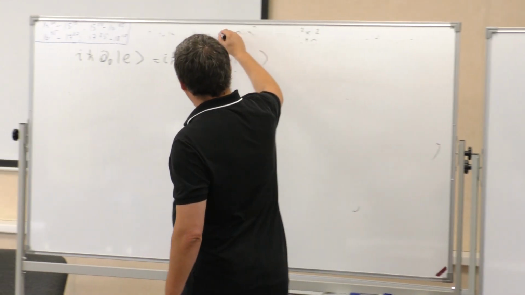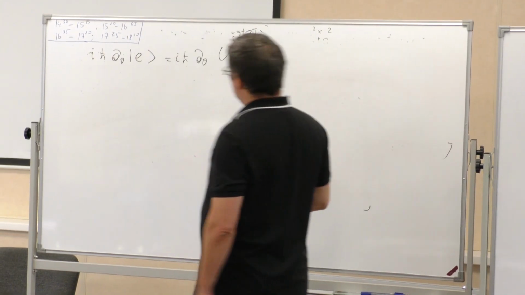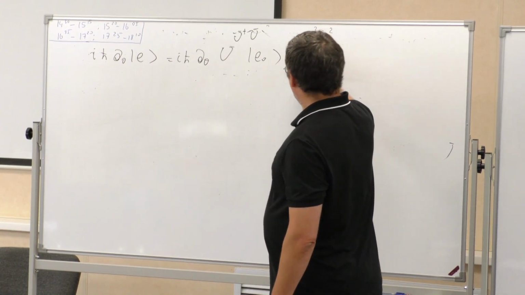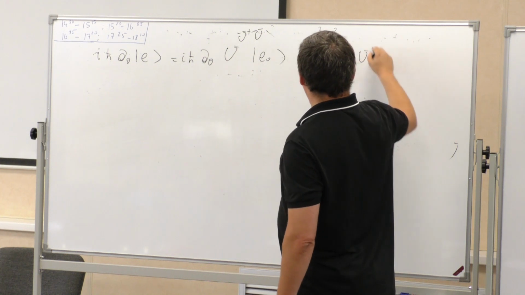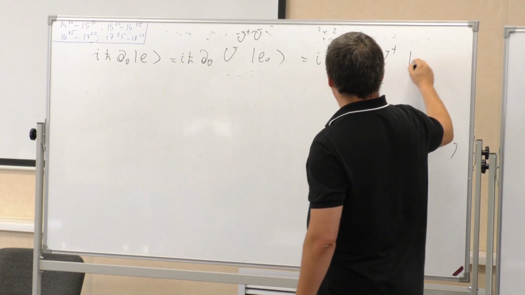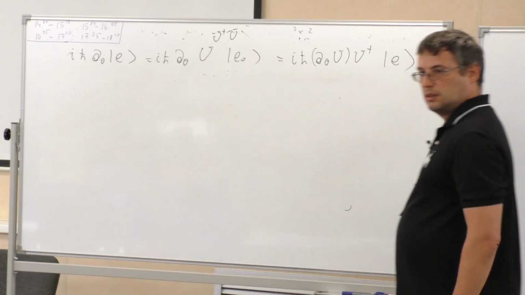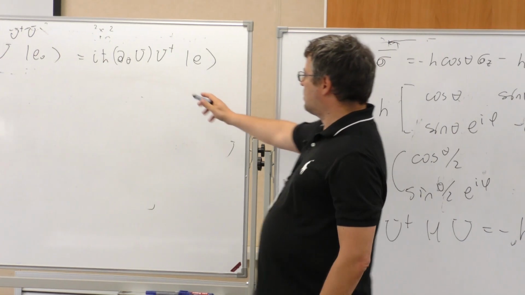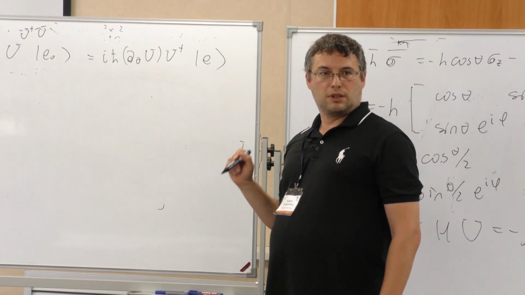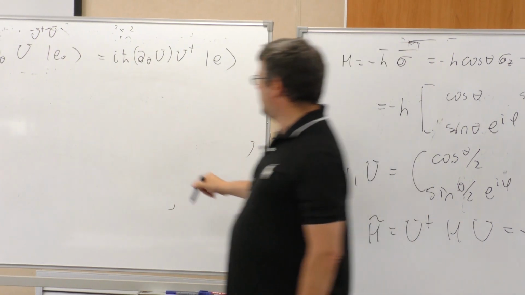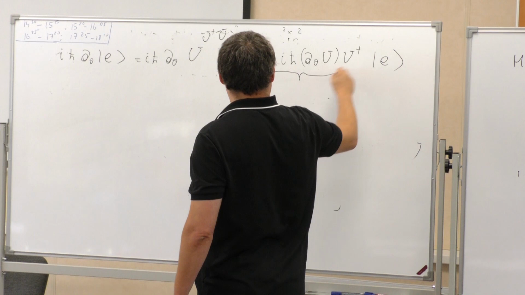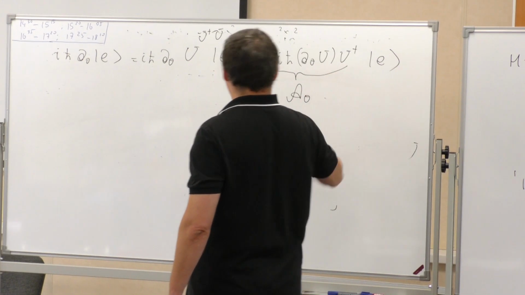I can insert U dagger U here, so I will get i h bar d theta U times U dagger times E. And if you were careful, this is almost what I had before, but not quite. I had U dagger d theta U, and now it's d theta U times U dagger. So this object I will call A theta without tilde.